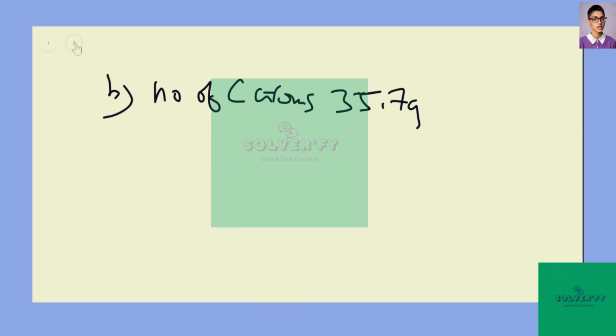Okay, so how about the number of carbon atoms when we have 35.7 grams of sulfide? So again, we need to find our number of moles of sulfide first.